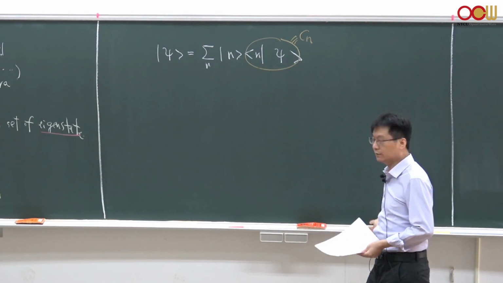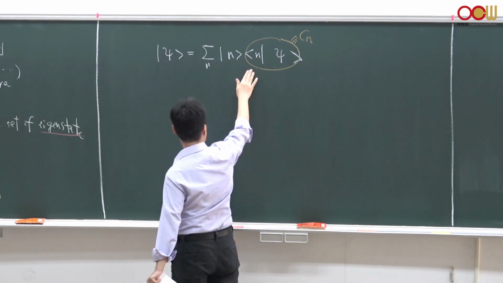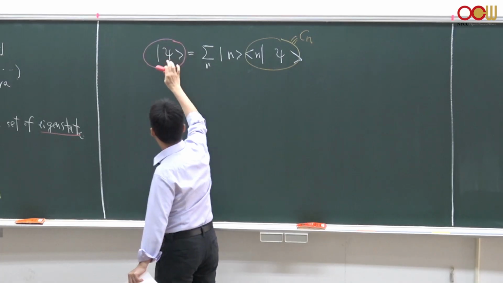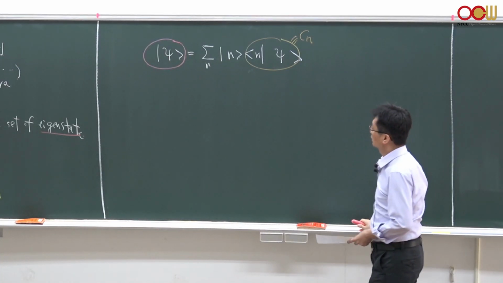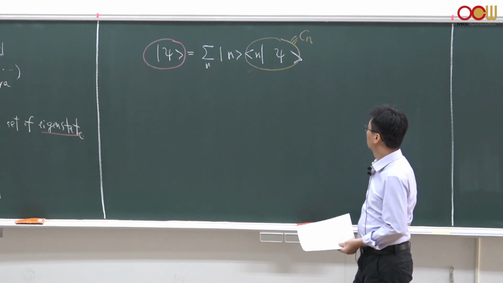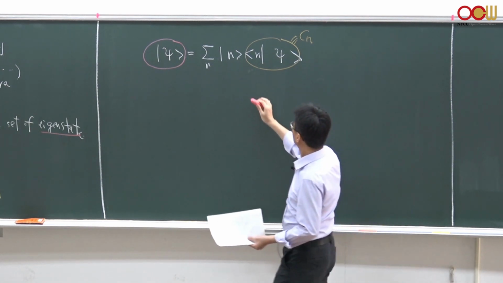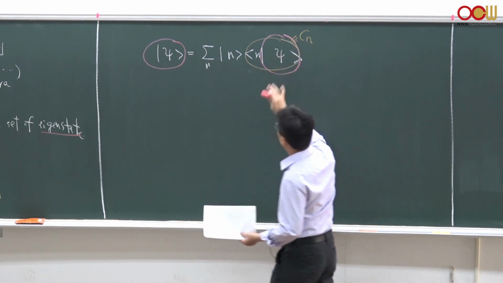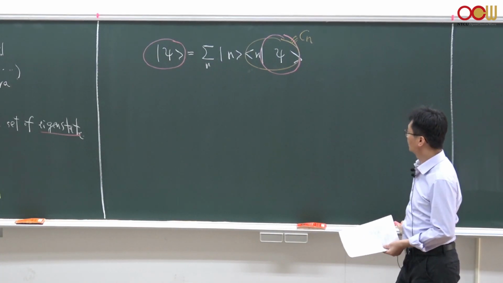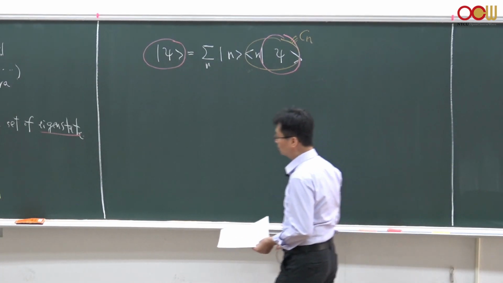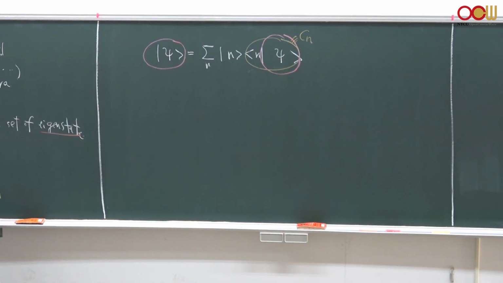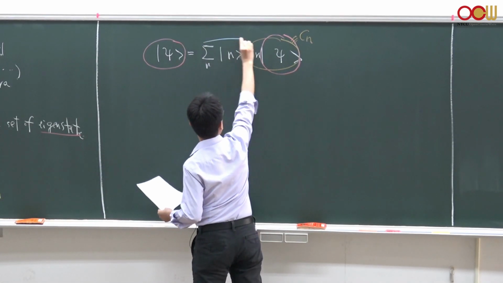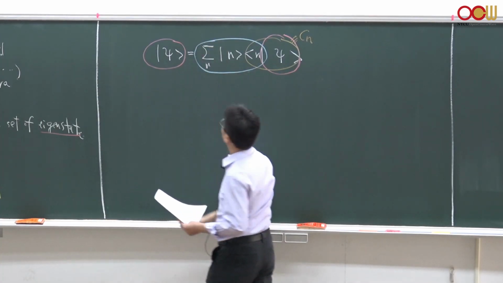If you compare the two sides of the equation, you will see immediately that the left-hand side is a Dirac ket state psi, and the right-hand side is still a Dirac ket state psi. But in the middle, you have something extra, this one, right?